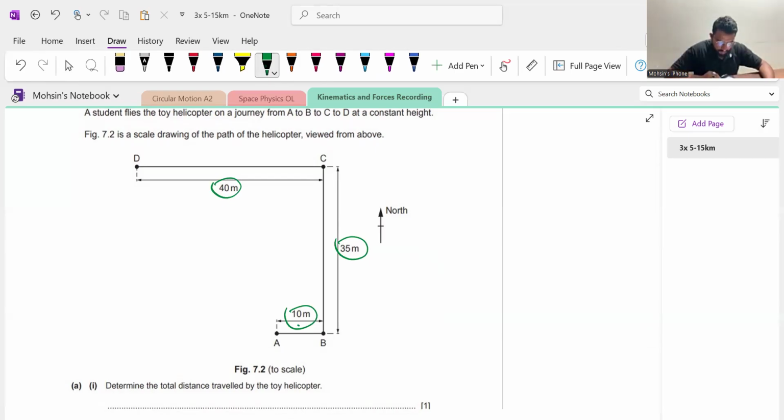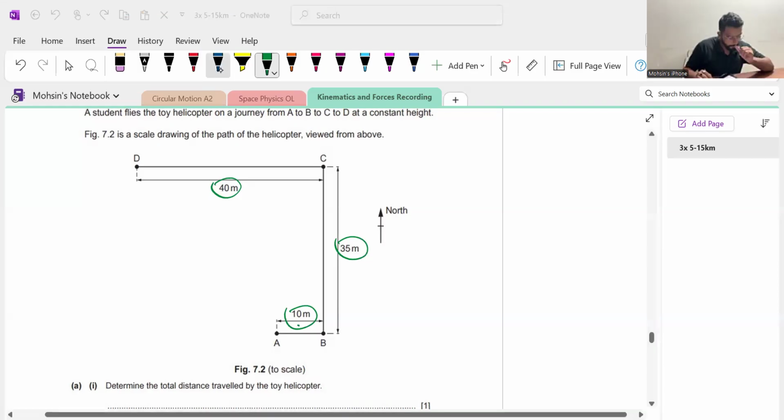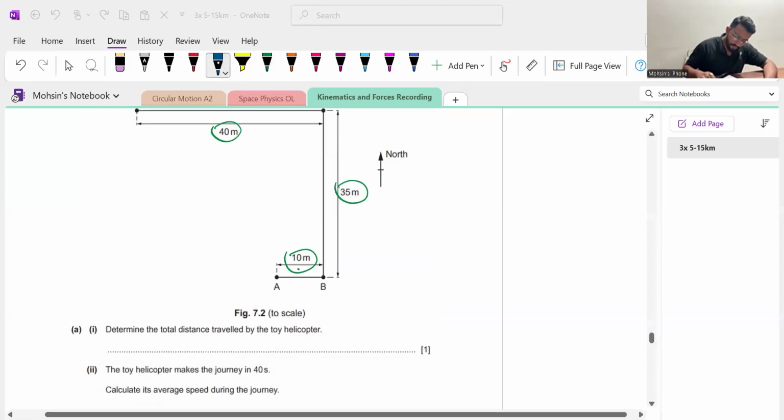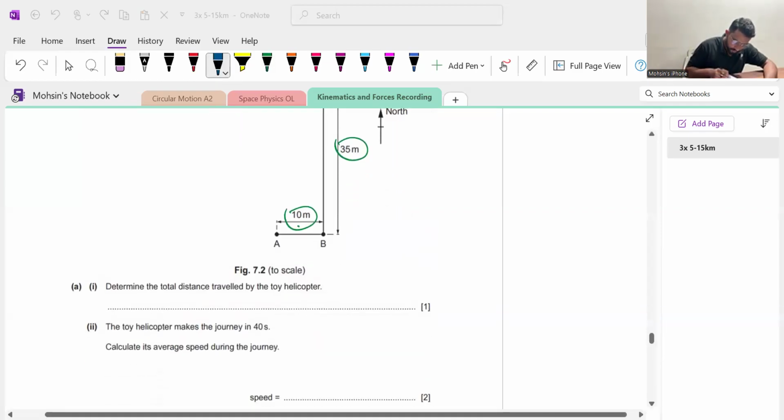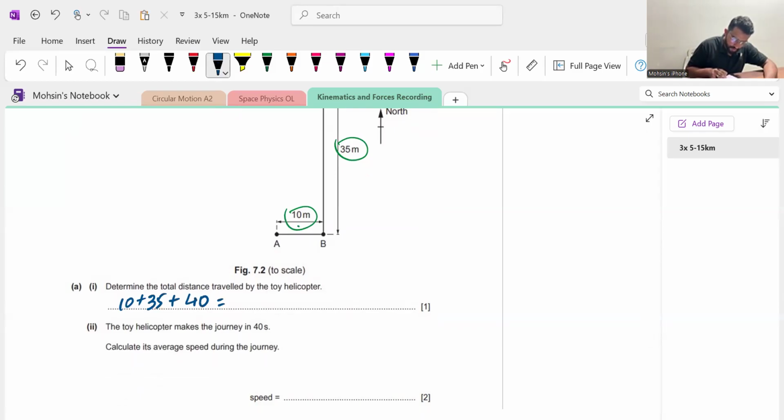So 10 plus 35 is 45, 45 plus 40 is 85. So 10 plus 35 plus 40, which will be equal to 85 meters.